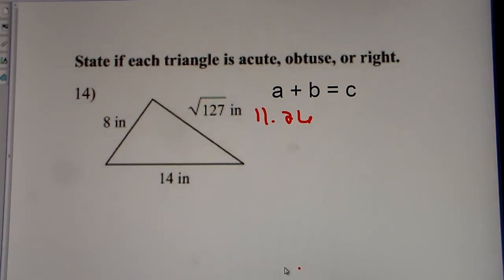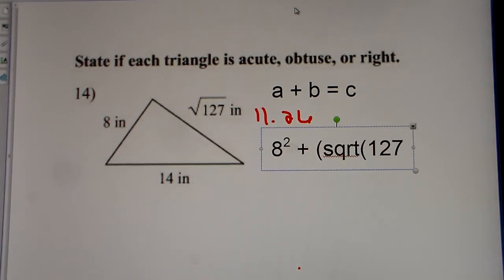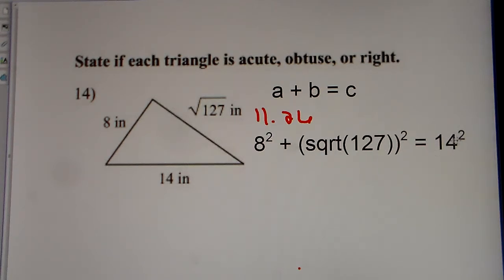So it's going to be 8 squared plus, I'll bring that right up, the square root, so I do parentheses, square root button, 127, close parentheses, square it, and it's equal to 14 squared. So a squared plus b squared equals c squared, where c squared is always the biggest one.